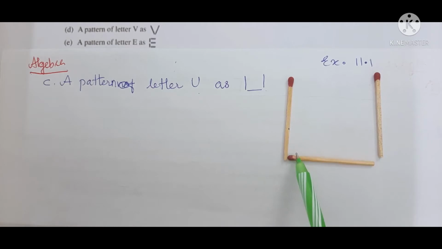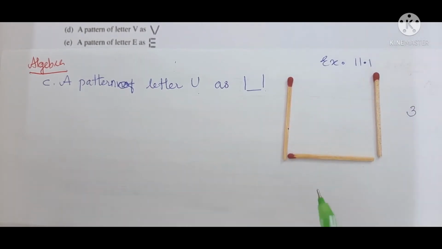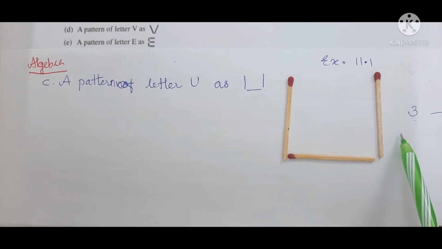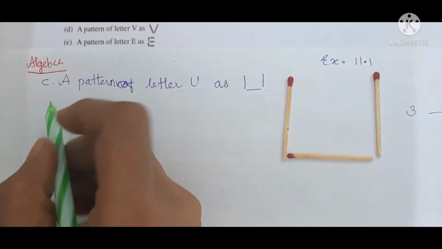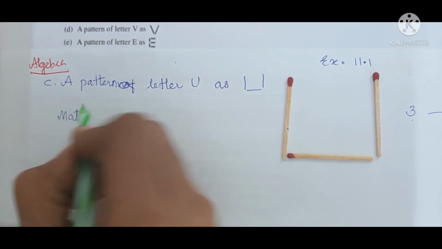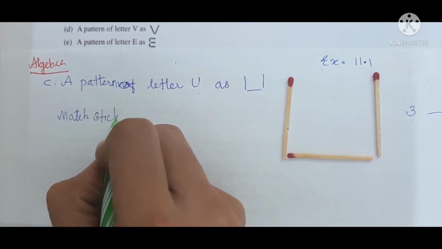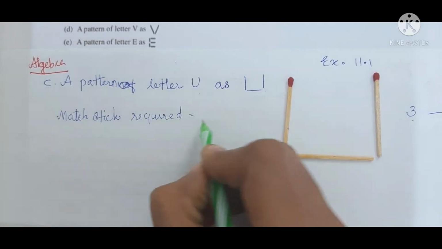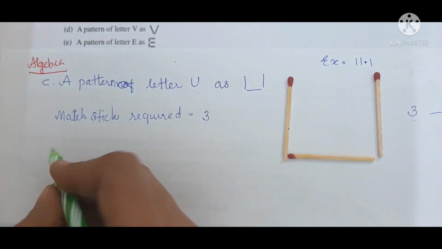So we need 3 matchsticks for making 1 U. Right? So the answer is matchsticks required is equal to 3.